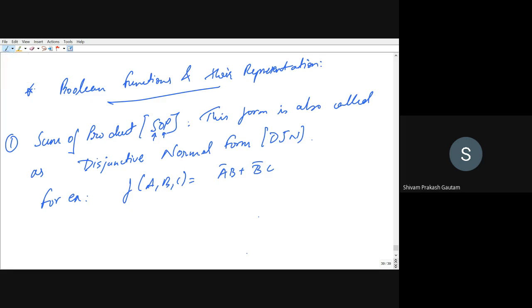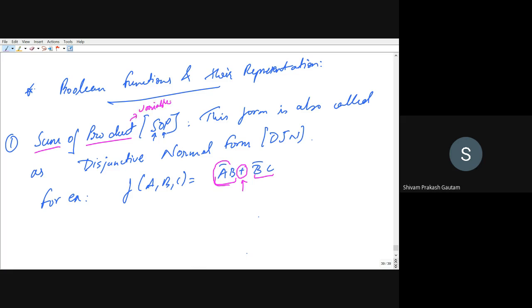So here you can see we are having a sum in between products of the variables, right? These two variables are having a product sign, and ultimately we are summing them. Therefore it is called sum of product. Product means product of the variables.